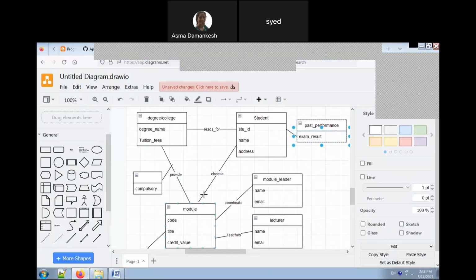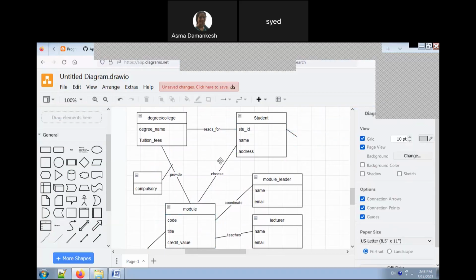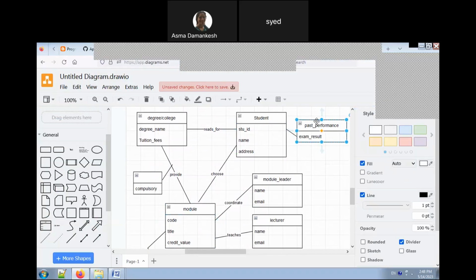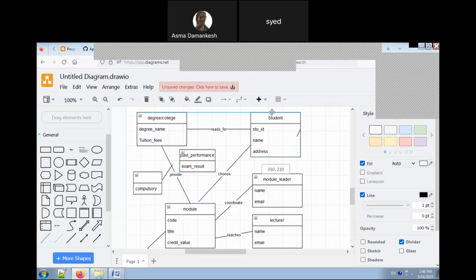If and only if this link is happening, isn't it? If a student chooses the module, yeah, exactly. Now you get the idea. So I put this one. This is bad designing, but it works. Okay. We're not picky about that now. Okay. So I'm just gonna move this a little here.